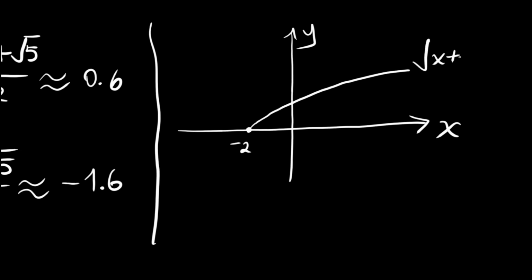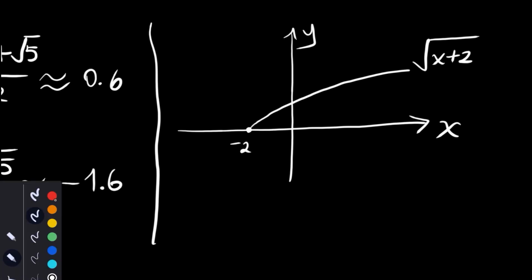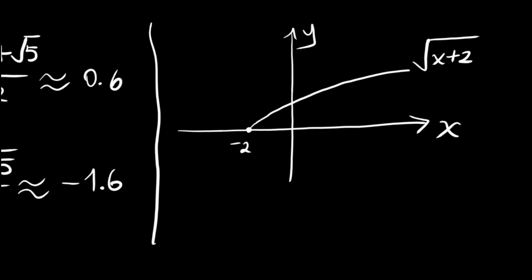This is root of x plus 2, and x squared minus 2 is a parabola. Let me show you in red. At plus minus root 2, it will intersect the x axis. We have two intersection points.